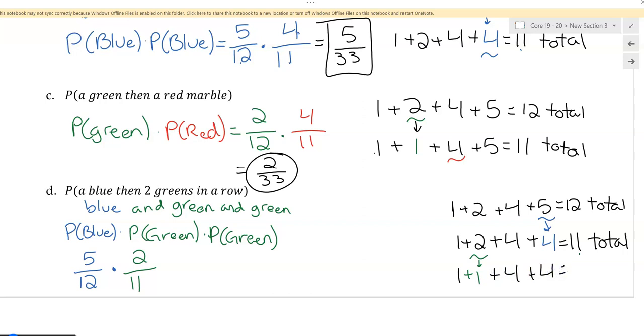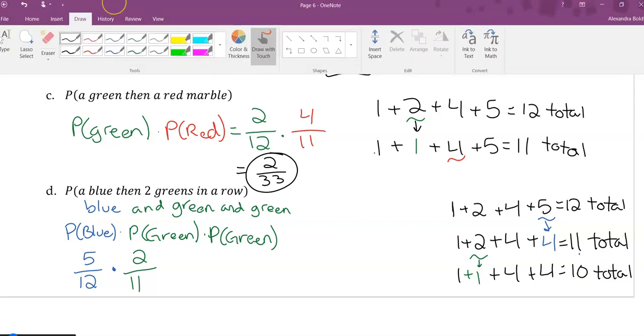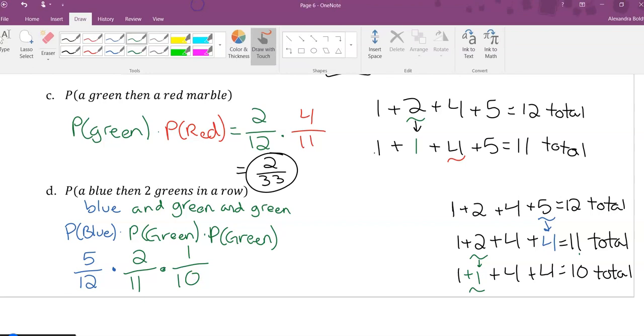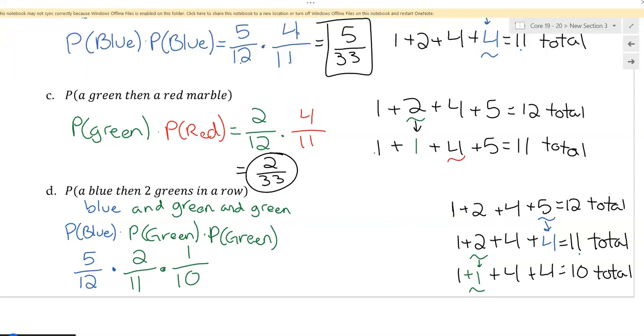I didn't gain more blue. So now how many marbles do I have? Now I have 10 total. So my total dropped again. So if you do 3 things, it's just going to keep dropping each time. So now I have 1 green out of 10 total. And now I'm just going to multiply all 3 of these things together.